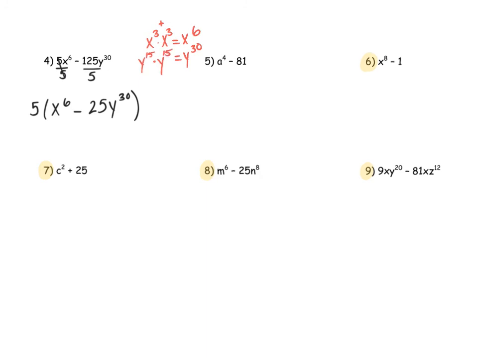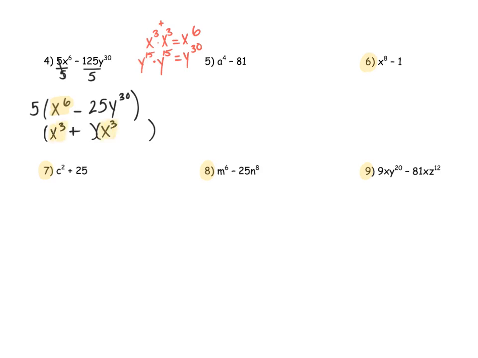So y to the 15th times y to the 15th is y to the 30th, because 15 plus 15 is 30. So when I break down x to the 6th, I will get x to the 3rd and x to the 3rd. That's going to be the front half of the parentheses.